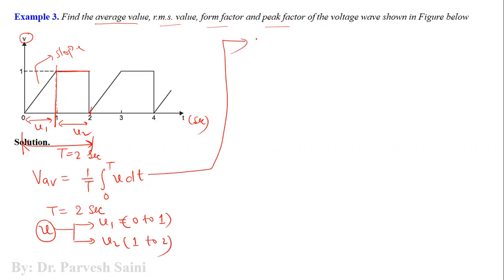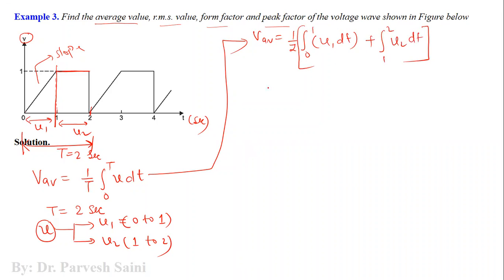So you have V average is equal to 1 upon 2 integration from 0 to 2. We'll take not 0 to 2 here for V1 dt; we'll take it as 0 to 1 and then integrate the second part, which is from 1 to 2, V2 dt, and then close it.